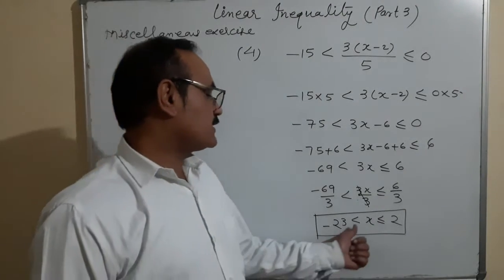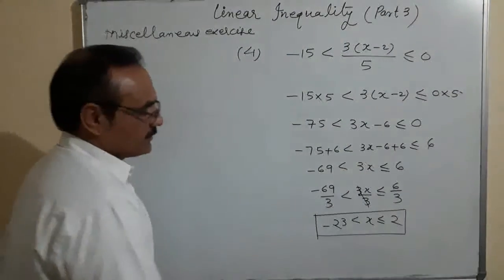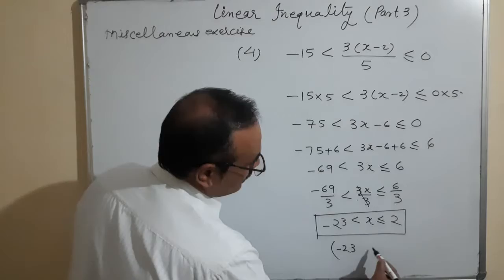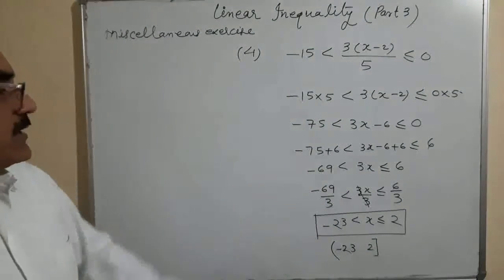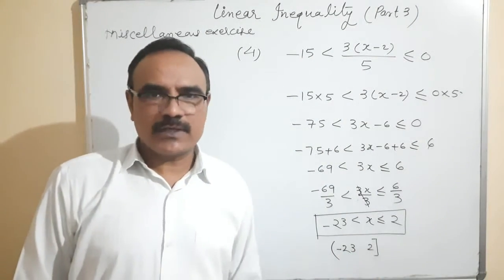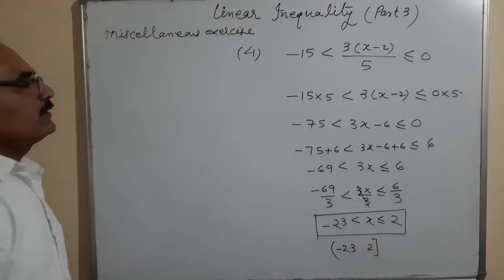In interval form, minus 23 is open and 2 is closed. So this is the range of x. Here rather than saying value, I think we should use the term range of the variable.